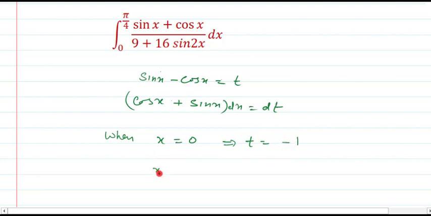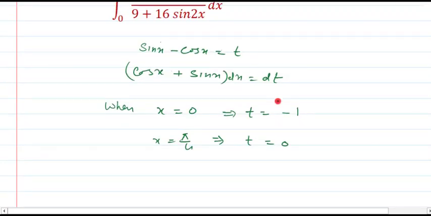And when x is equal to pi by 4, we know very well that sin pi by 4 as well as cos pi by 4 both are 1 by root 2, which gives us t as 0. Now to simplify the denominator, let us square both sides of part 1.